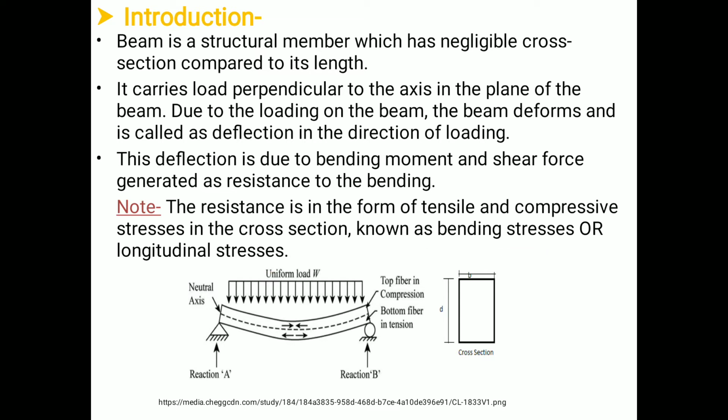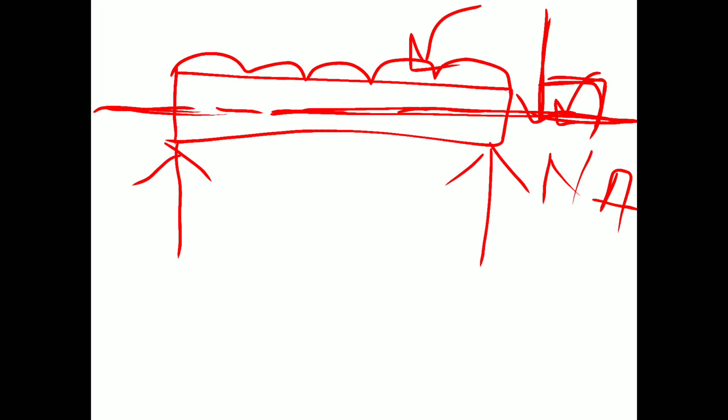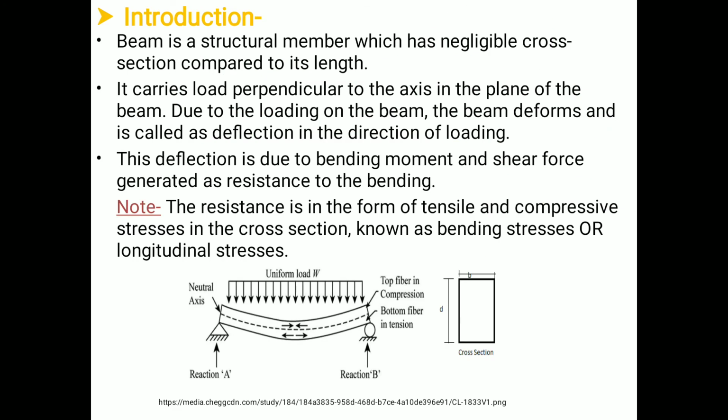Now, from this figure, you can see that this dotted line is nothing but the neutral axis of the beam. This is the original shape of the beam, and after it is subjected to UDL, the deformed shape is as shown in this figure.